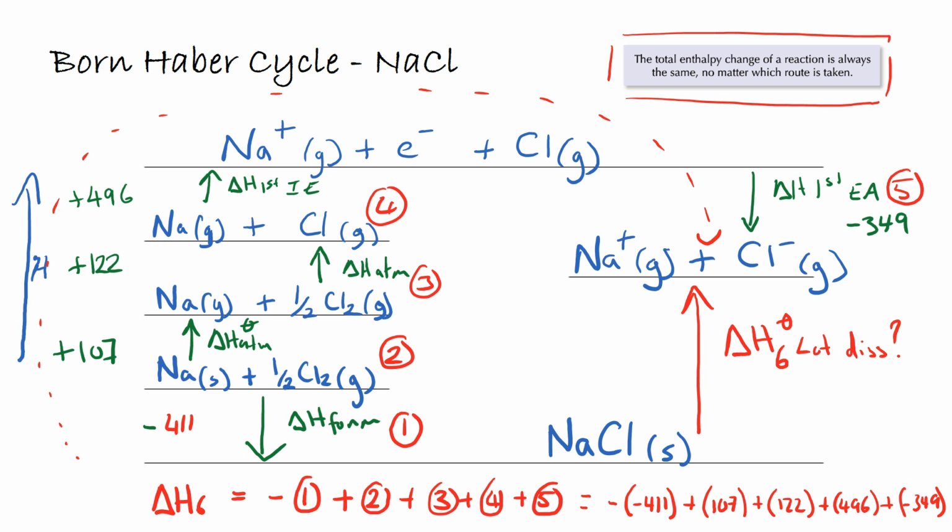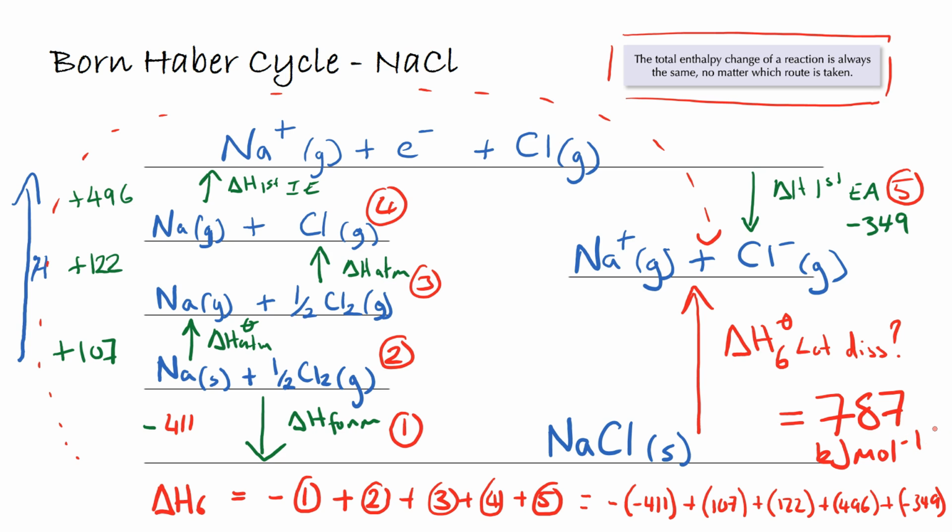And if we put that into our calculator, we should end up with an enthalpy of lattice dissociation, which is equal to 787 kilojoules per mole, if we follow that through.